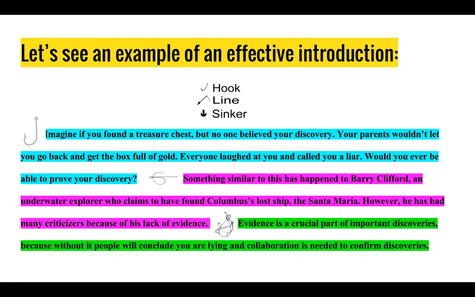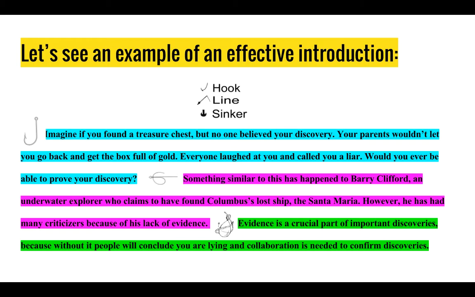It's getting our reader's attention. We have an imagine-if statement there. So our line is, "Something similar to this has happened to Barry Clifford, an underwater explorer who claims to have found Columbus's lost ship, the Santa Maria. However, he has had many criticizers because of his lack of evidence." So this line is giving us a little information about the topic of this essay. We know that it's going to be talking about Barry Clifford.